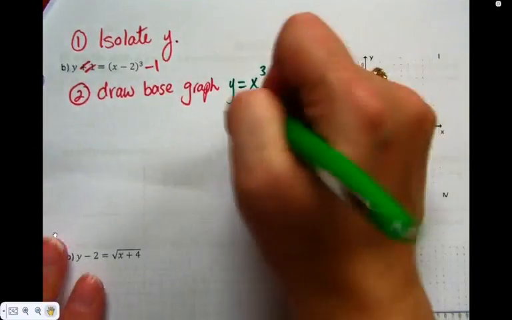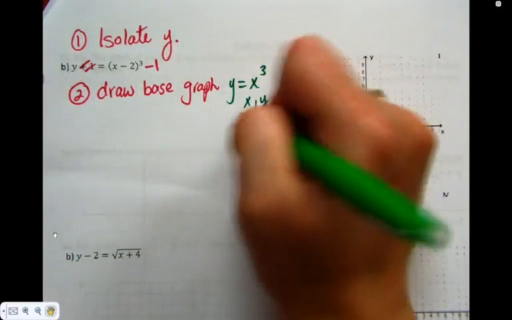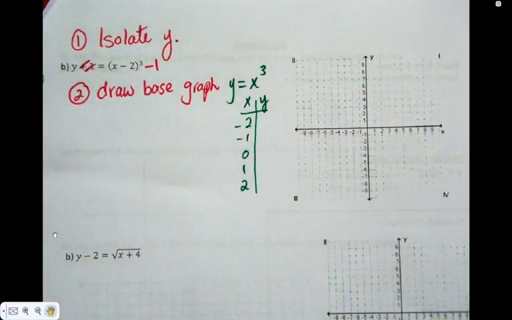Okay, first time probably seeing a cubic. Let's start with a little table of values. Eventually you'll just know what a cubic looks like, just like you know what a parabola looks like. Negative 2, negative 1, 0, 1, 2. Again, do you need to use those x's? No, it's just kind of typical values we choose.